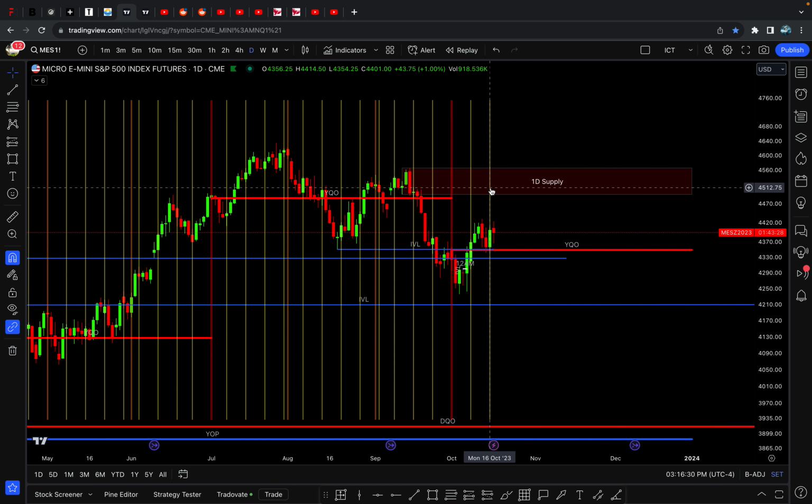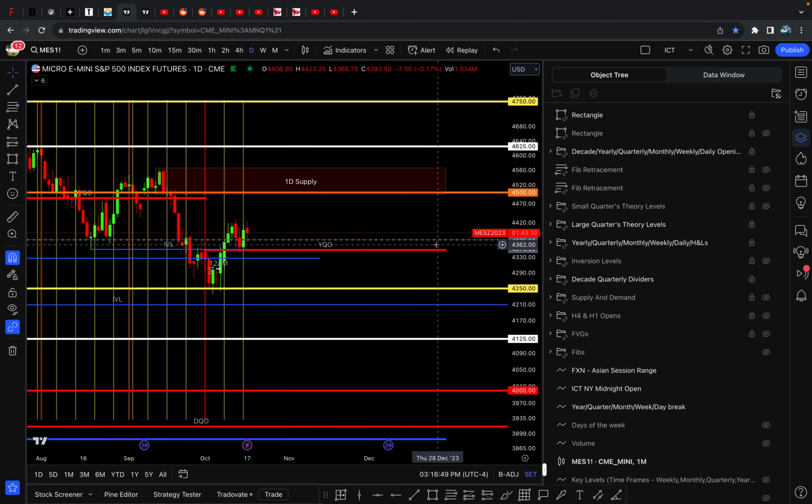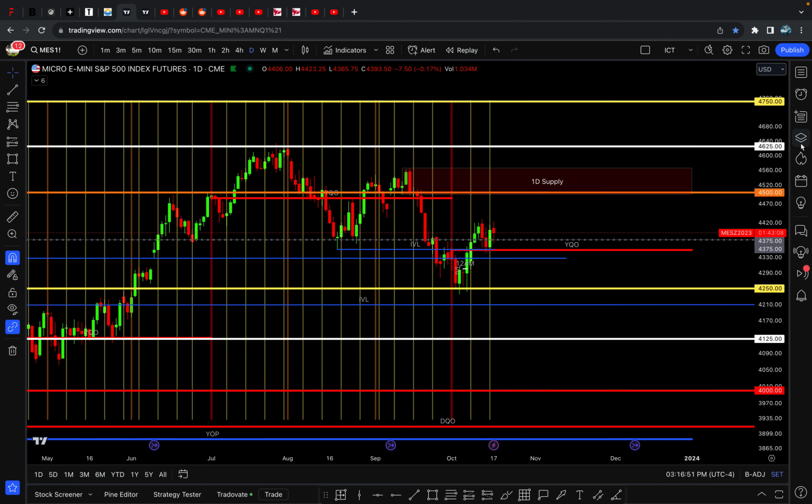Basically, if price moves up here, we see rejection, we see a reaction off of this daily supply, along with a rejection of this very strong key level.